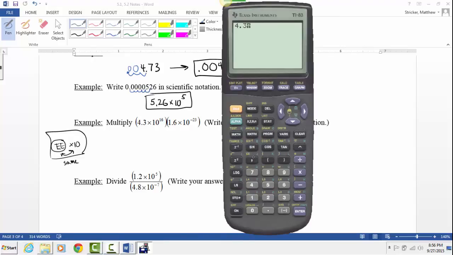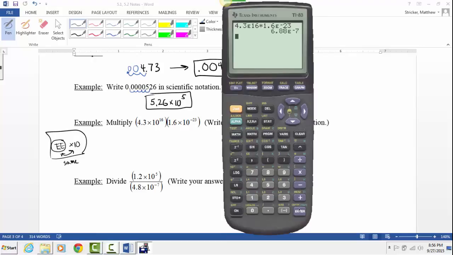So I go second E, and that means times 10 to the 6, and then I'm going to multiply that times 1.6, then E again, so I go second E, and now negative 23. Different calculators have the negative in a different place. Please don't confuse that with the minus button. The negative button on a graphing calculator is right below the 3.